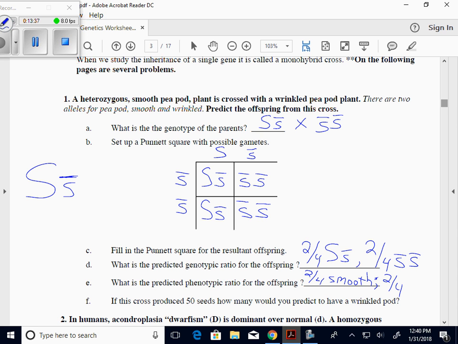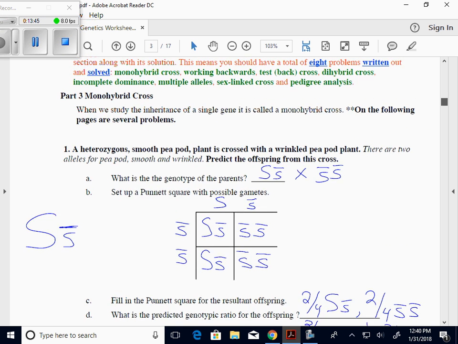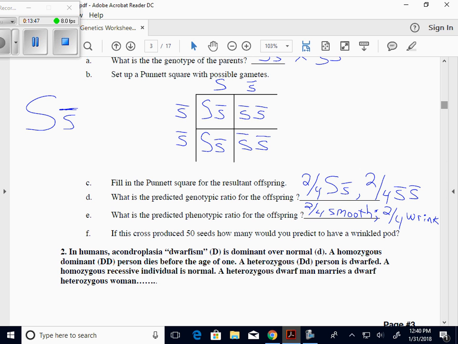Wrinkled. Uh-oh, I ran out of room. I'm going to have to put the wrinkled down there. Okay? Now, do we understand that? Are we good so far? This should be review for you of your middle school stuff.